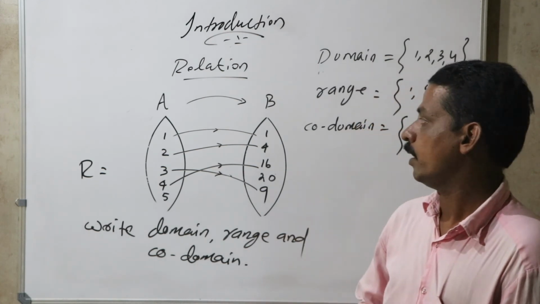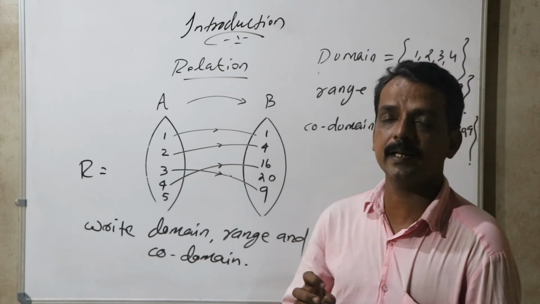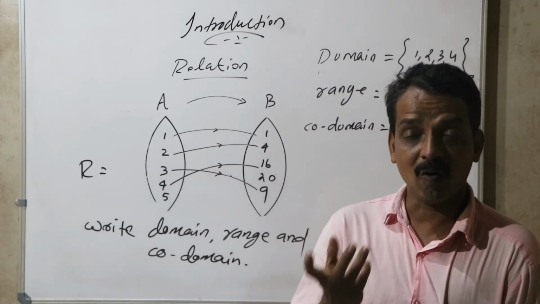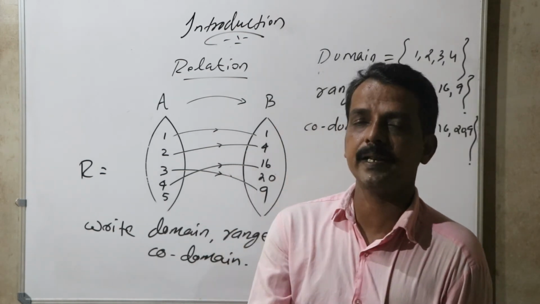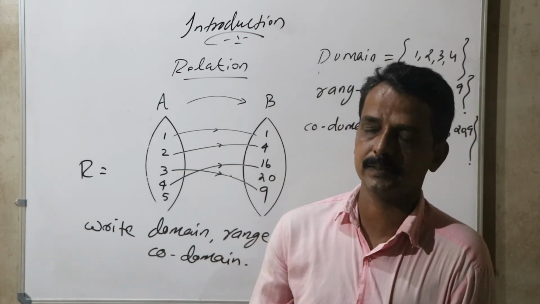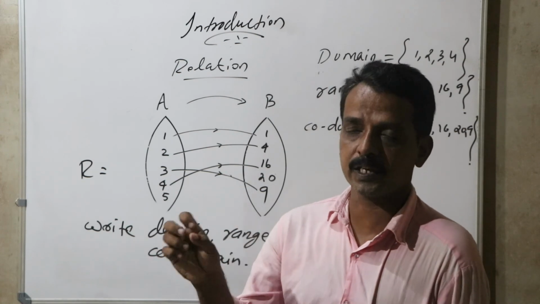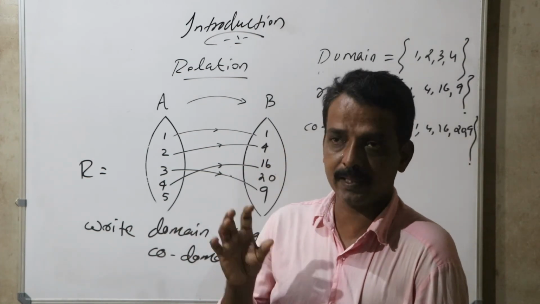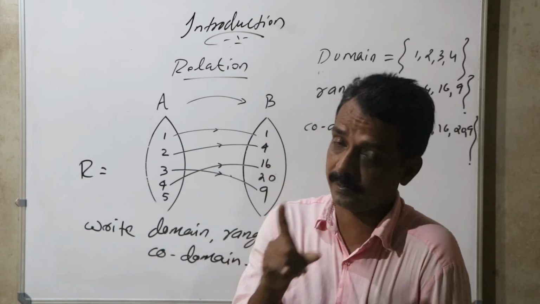We have studied the introduction to relations. We have studied what a Cartesian product is: A cross B. If two ordered pairs are equal, then the corresponding elements are equal.